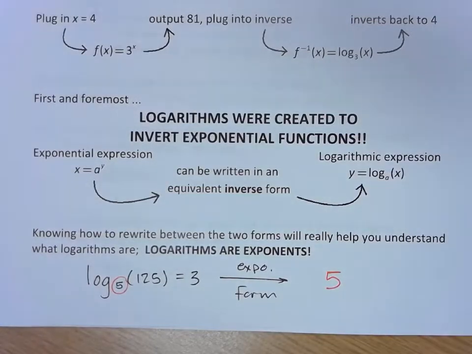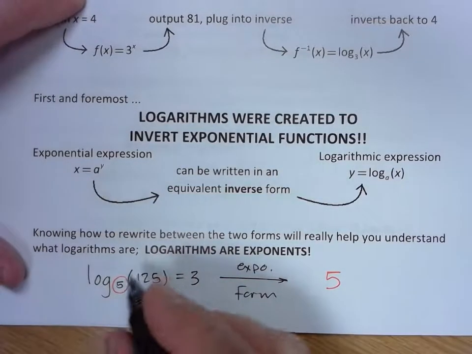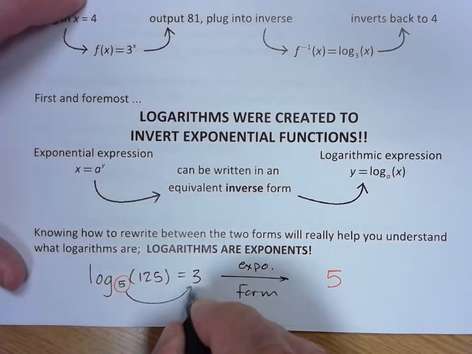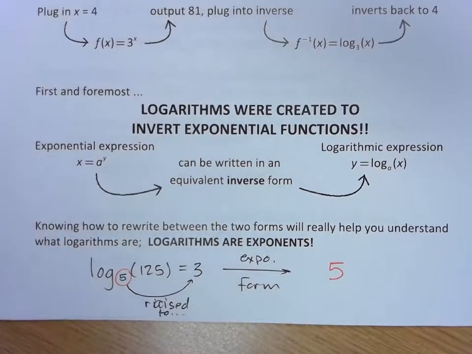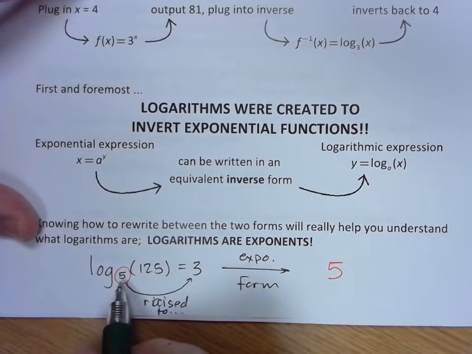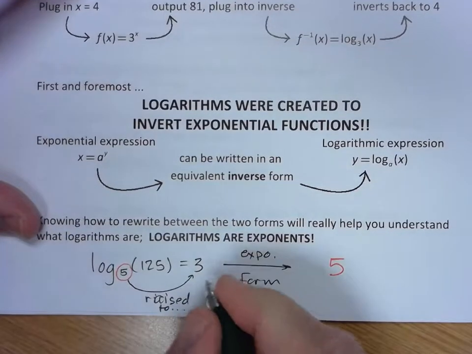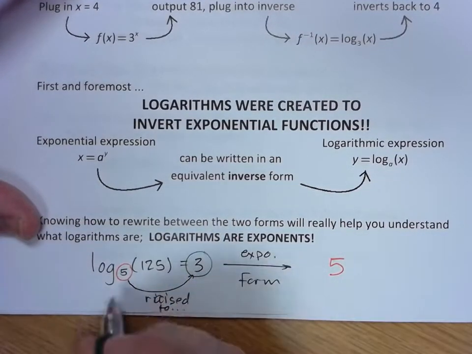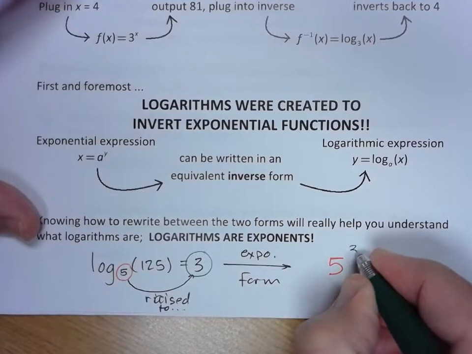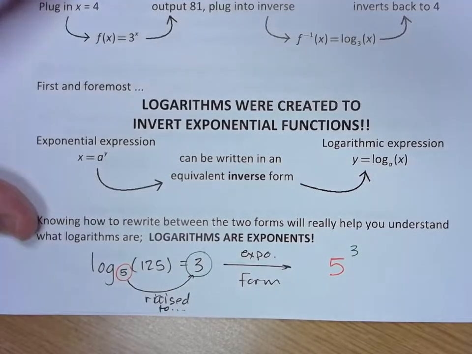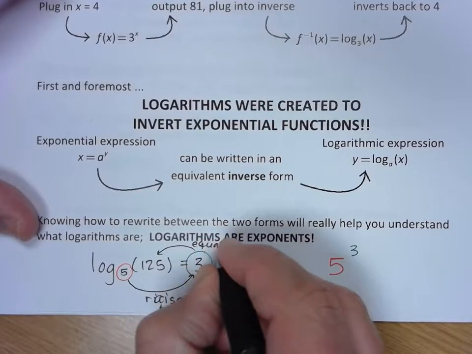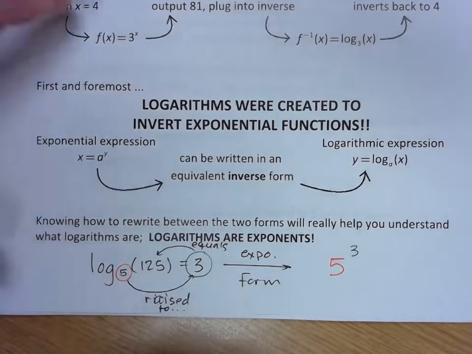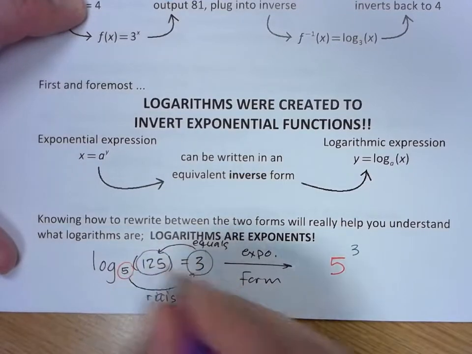Then you take the base raised to that power. So you have to go from the base of the logarithm all the way to the other side of the equation to get to the actual power. And so it becomes 5 raised to the 3. And then that equals the number that's in the log argument, the 125.